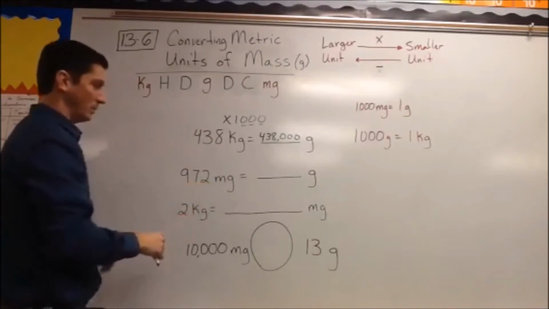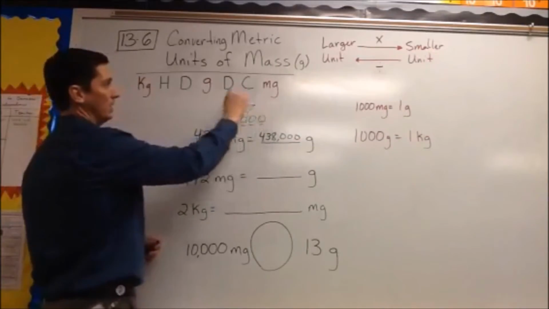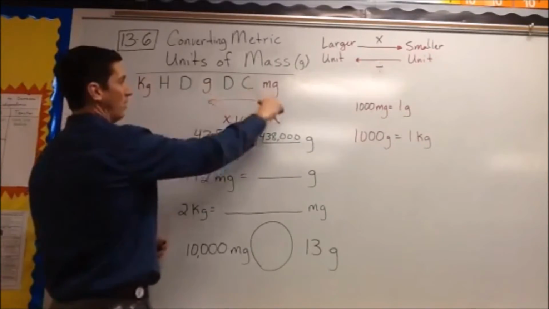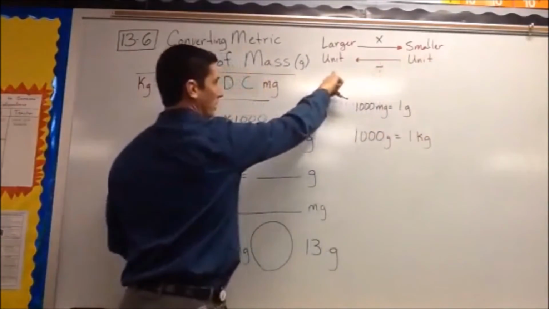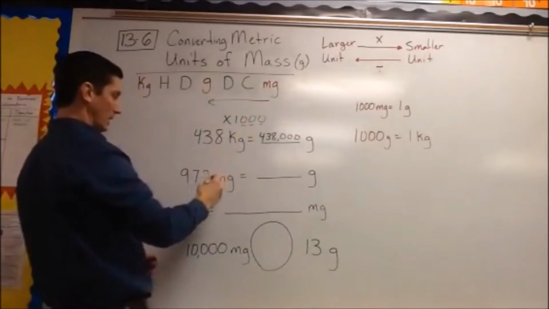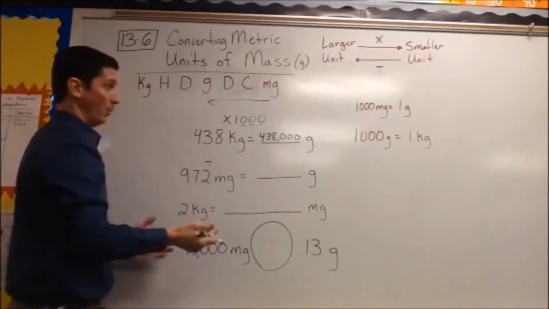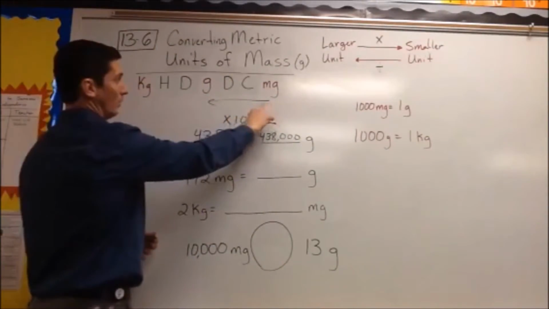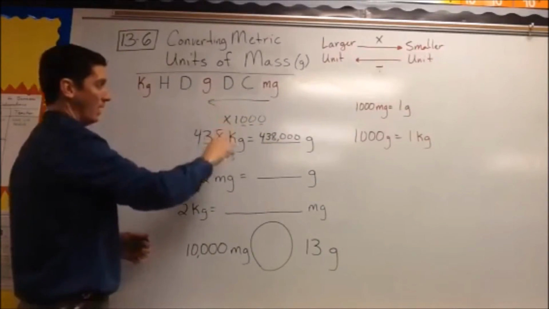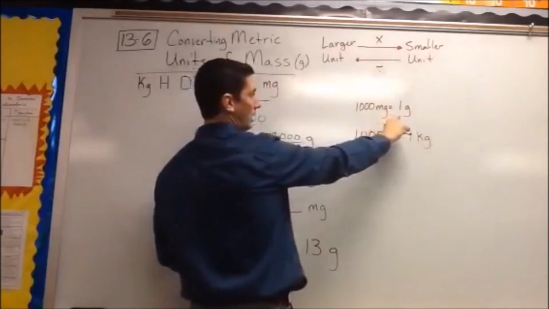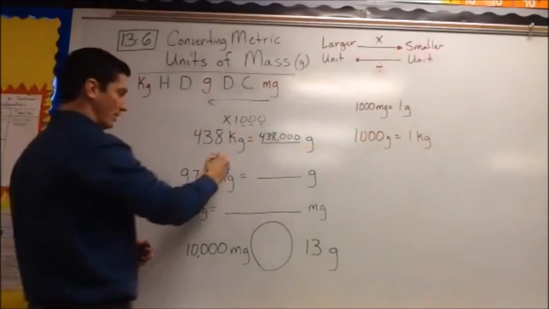Let's look at milligrams to grams. I'm going from a smaller unit to a larger unit. Smaller unit to larger, that means I'm dividing. What do I divide by? 1, 2, 3 places, so 3 zeros. 1,000 milligrams equals 1 gram, so you divide by 1,000.